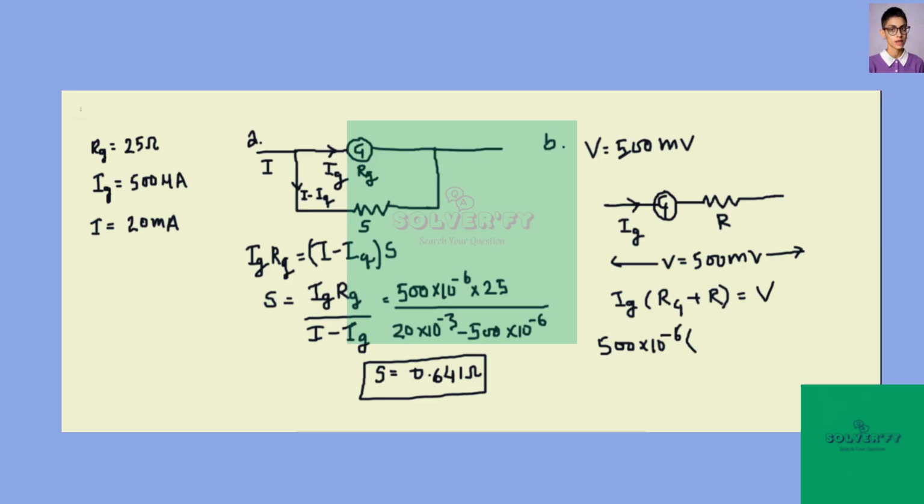The resistance of the galvanometer, 25, plus R. Now what is R? That is what we need to find out. And what is V? That is 500 millivolts, so 500 into 10 to the power minus 3. Now solve this equation. You get the resistance that has to be added equal to 975 ohms. Alright, so this is how you convert a galvanometer into a voltmeter. So this is the solution to this question.